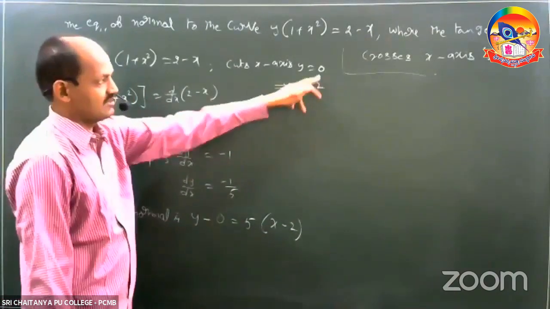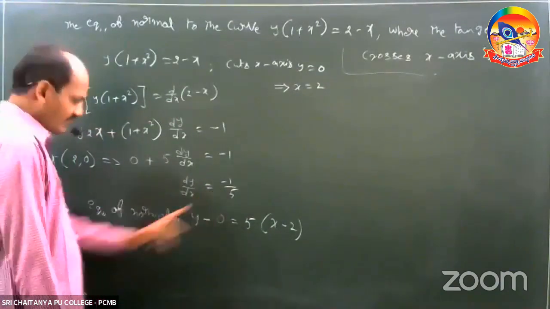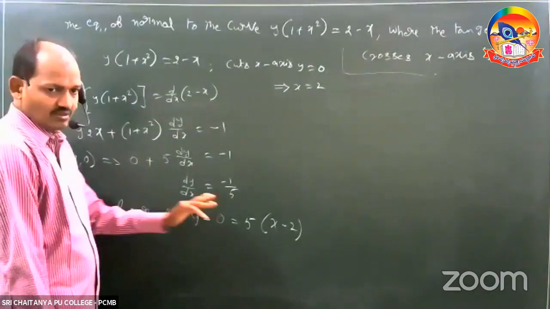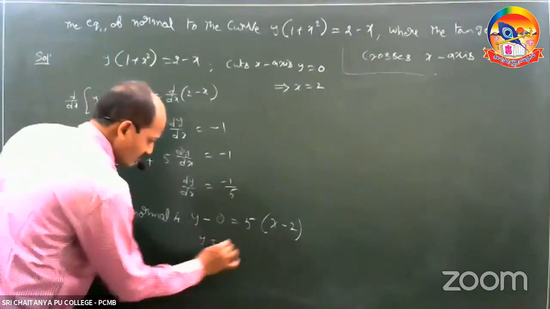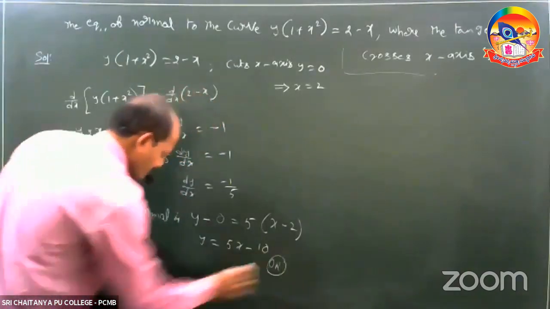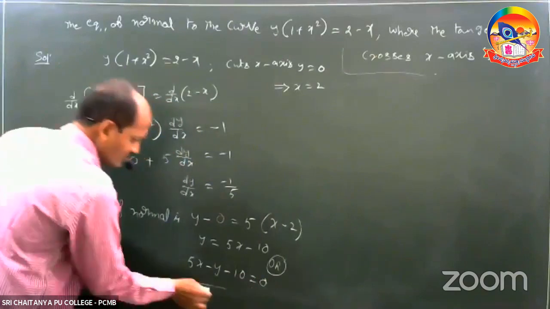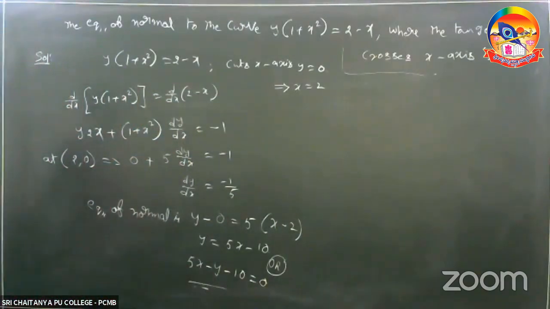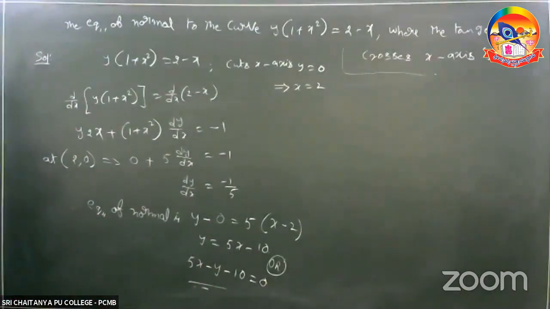The tangent slope is minus 1 by 5, but it is a normal, so perpendicular. So y equals 5 into x minus 2, that is 5x minus 10, or 5x minus y minus 10 is equal to 0. It is the equation of the normal to the curve.